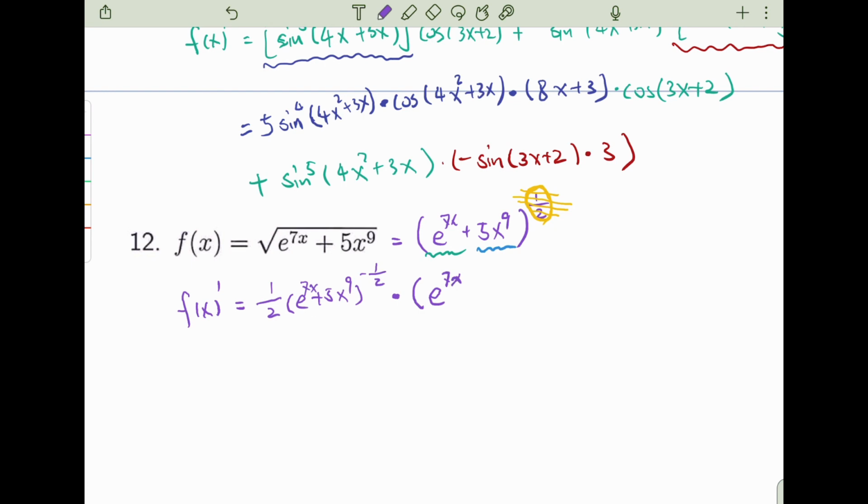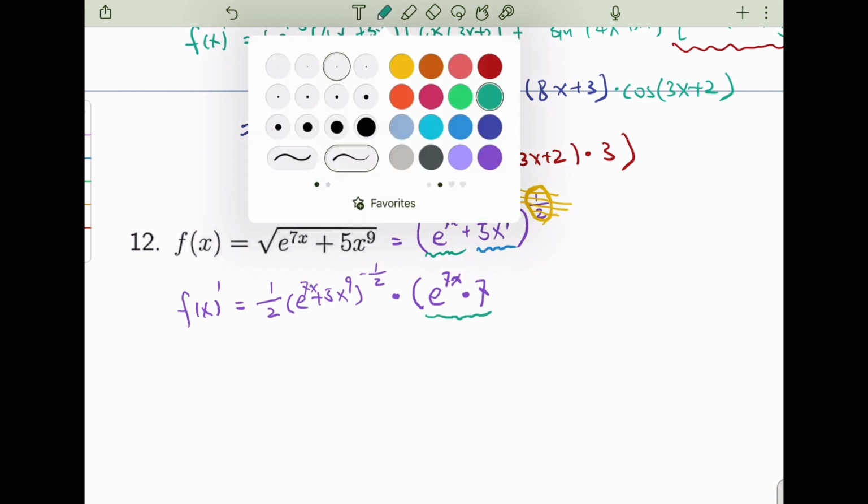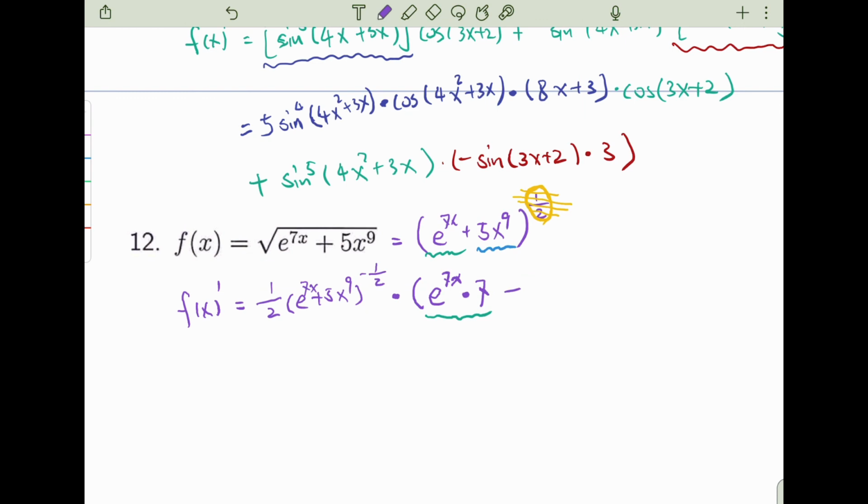That is just the first layer, times, right? We need to multiply by the second layer. That is the derivative of this 7x, which is 7. So it has another 7 here, right? Now this is the green expression, and plus the derivative of the second term, that is 45x to the 8.